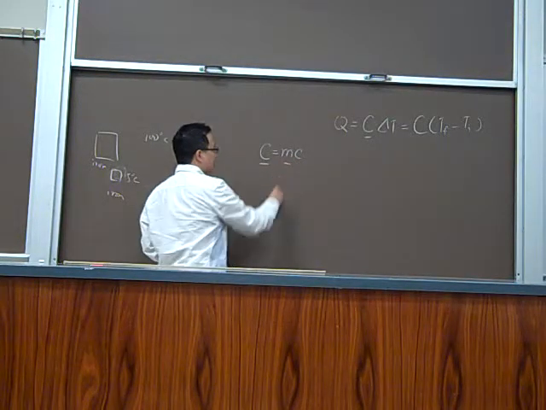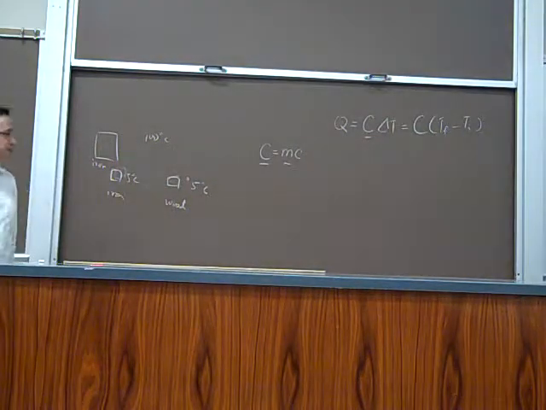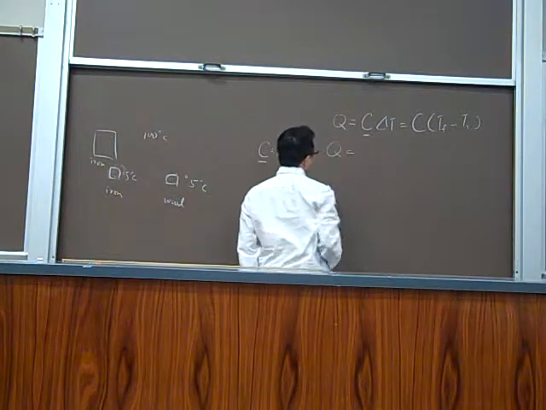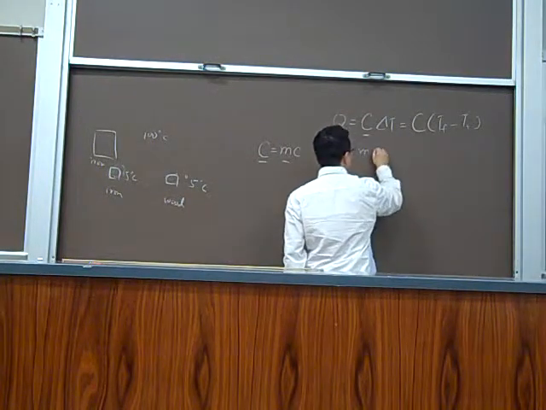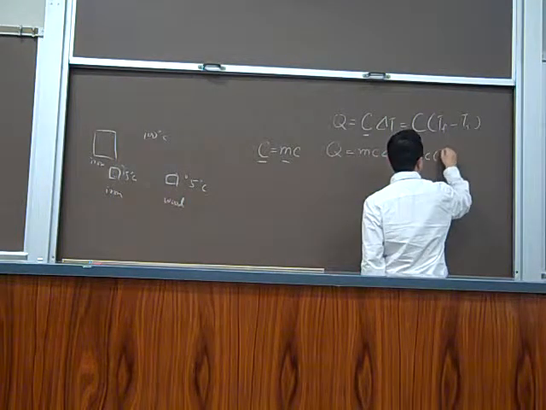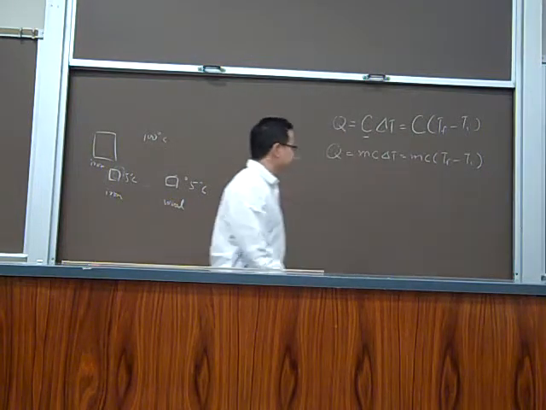They are related by the mass of the sample. So heat can also be written as mc times T final subtract T initial.